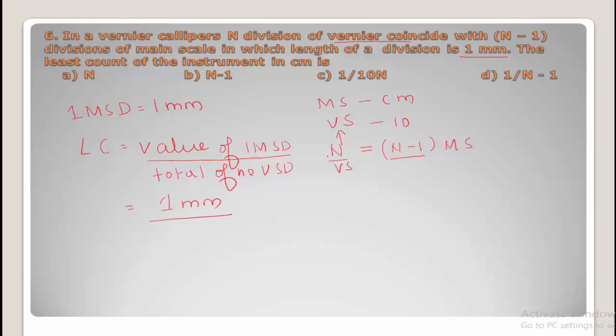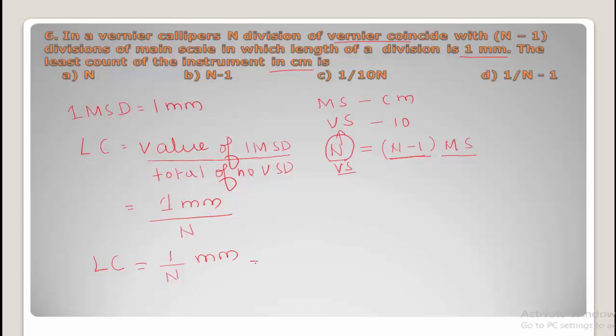So they have given that there are totally n number of vernier scale divisions coinciding with the n minus 1 main scale divisions. So substitute the total number of VSD, so vernier scale divisions are n. Now it becomes 1 by n millimeter. So this is the LC of vernier calipers. Now we have to write the answer in centimeter.